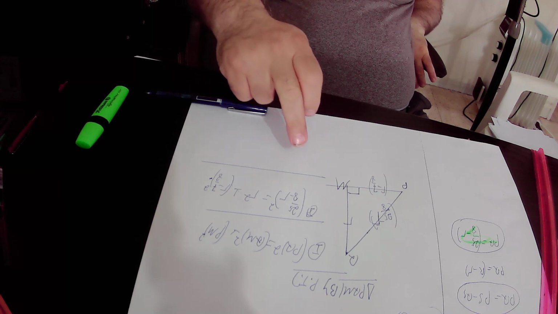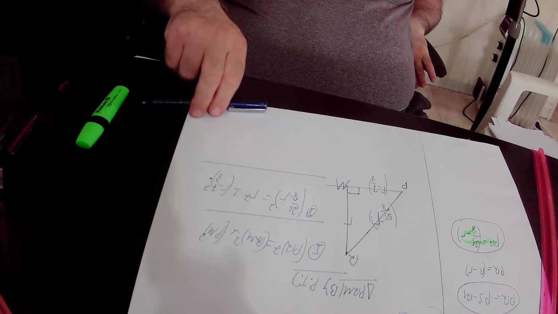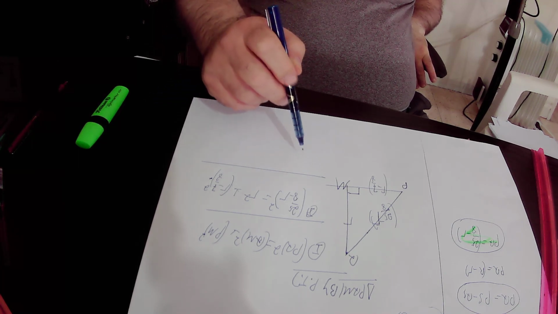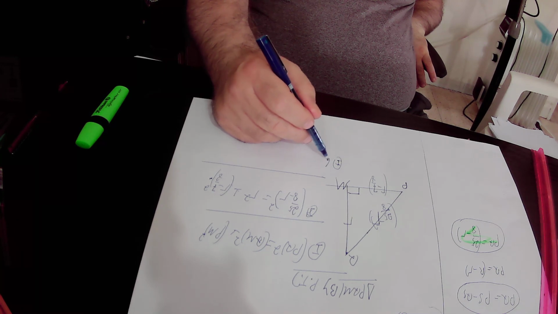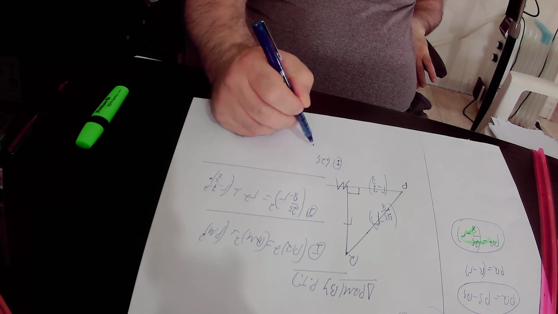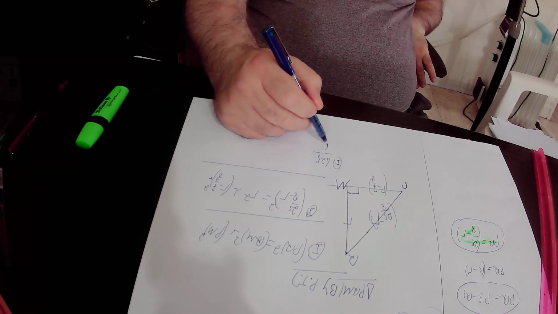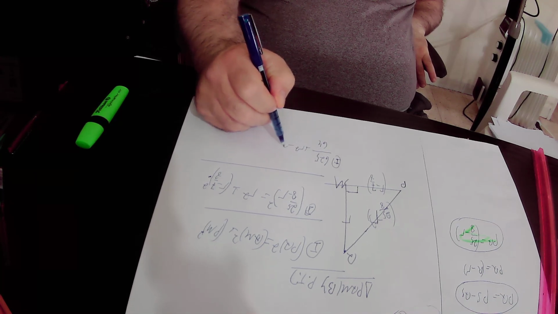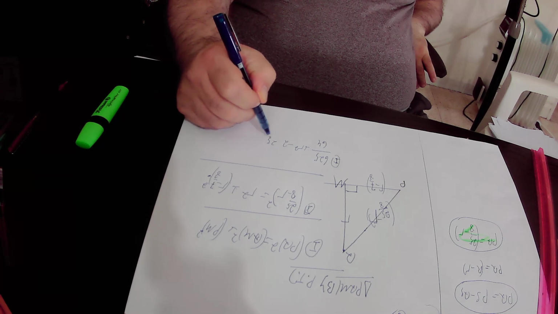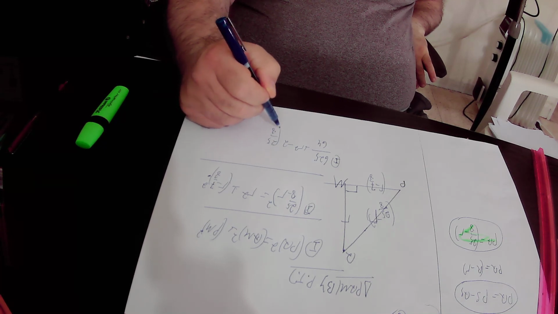So here (25/8 minus r) squared will be equal to (25/8) squared, that is 25 squared is 625 over 8 squared is 64, plus r squared minus 2 times 25/8 times r.